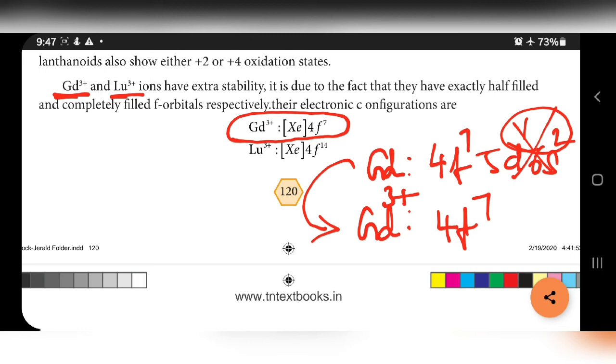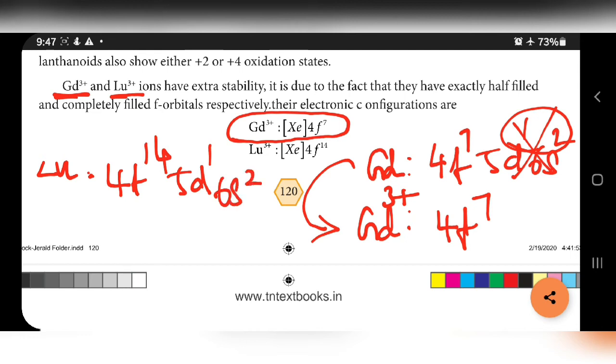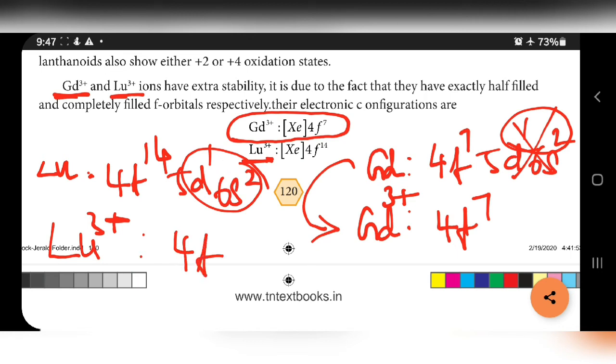Like that, lutetium is 4f14 5d1 6s2. For lutetium 3+, 3 electrons are removed, so the remaining is 4f14 only. 4f14 means fully filled, since the maximum capacity of the f orbital is 14.